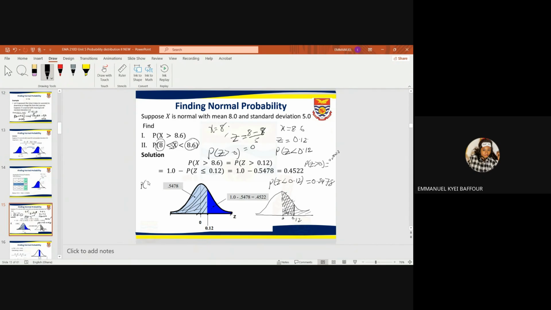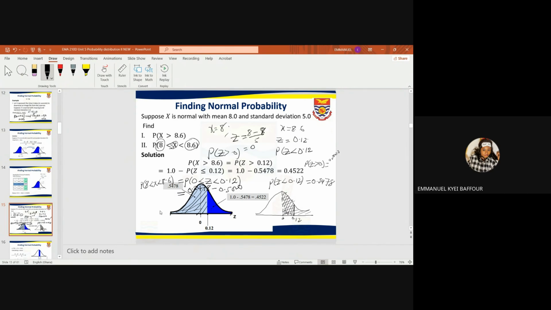So in this case, the probability of 8 less than x less than 8.6, which is the same as the probability of 0 less than z less than 0.12, will be equal to 0.5478 minus 0.5000.